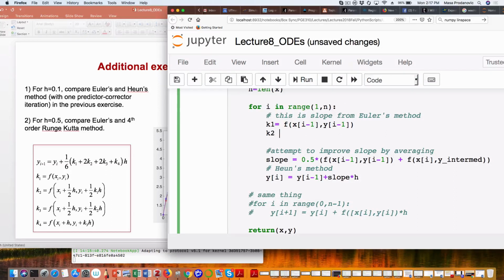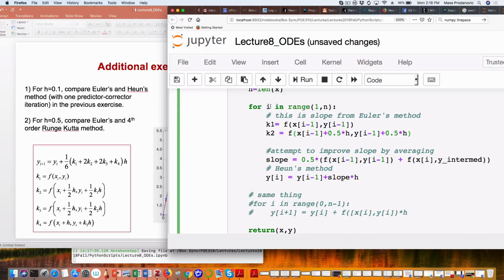And then my K2 is f of, so here I have a shift of 0.5 h, and yi plus 0.5 h.